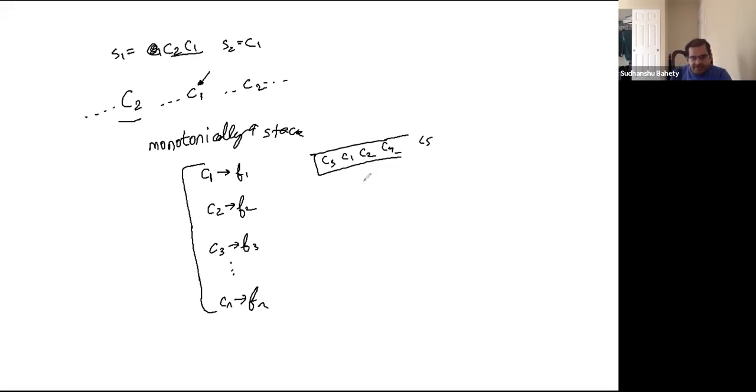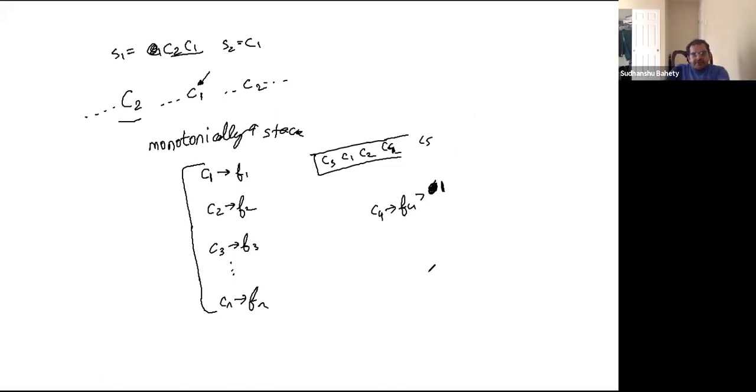Next, let's say C5 comes and C4 is there. Now, if in the original string there is another instance of C4 after C5, then the frequency of C4, let's say F4, if it is greater than 1, then we can remove C4.